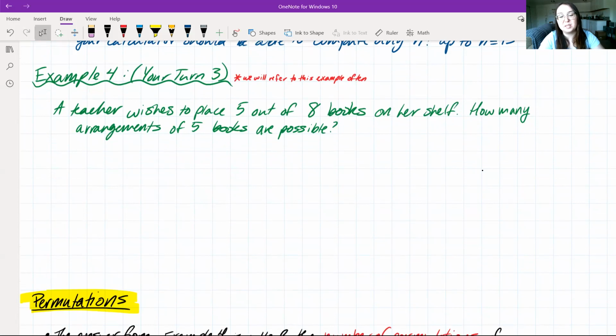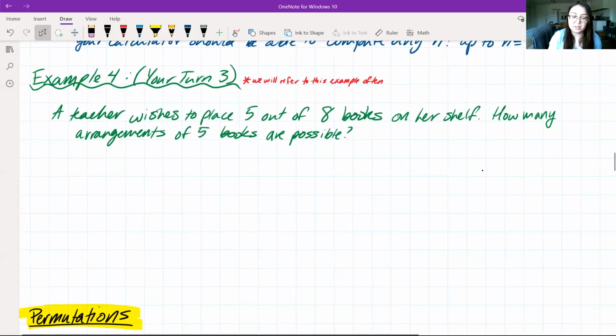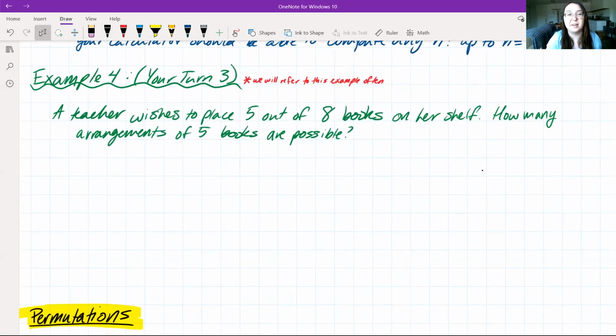So we have 8 books in total, and we have 5 slots on the bookshelf. So now we're thinking about a different scenario where we have a different number of options for a smaller number of slots. So we use the same kind of theory here though.